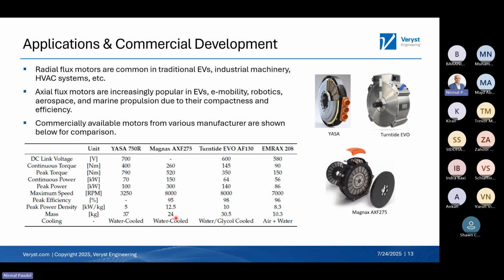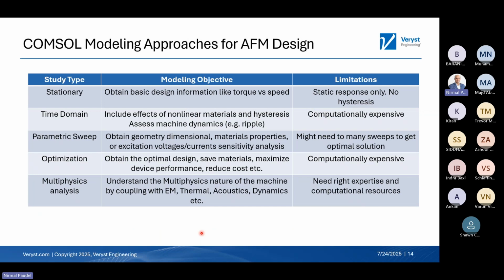So there are a lot of different variations that can range from the weight perspective, 10 kg all the way to 37 kg. And then in terms of the thermal management, there's water cool or water mixed with air or a combination of other cooling agents. So these are just a few examples.